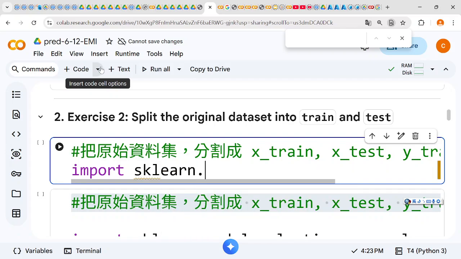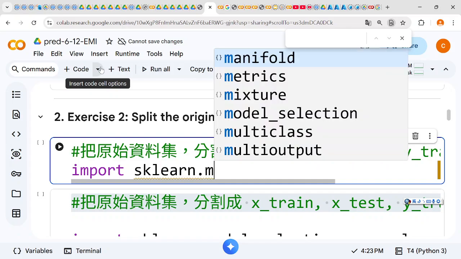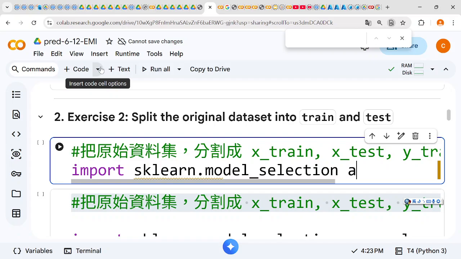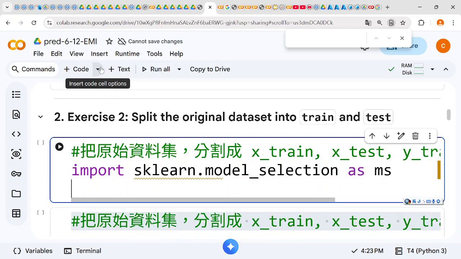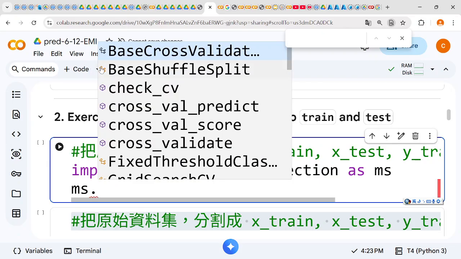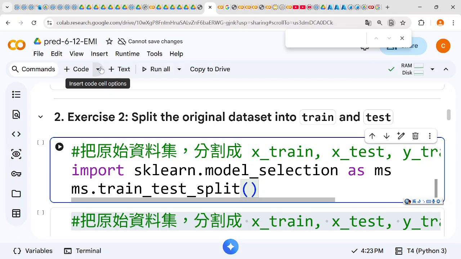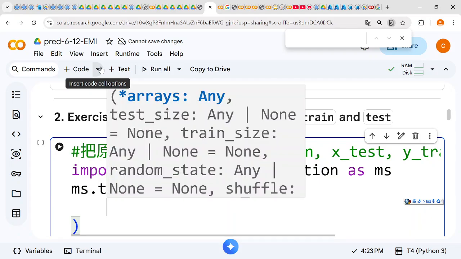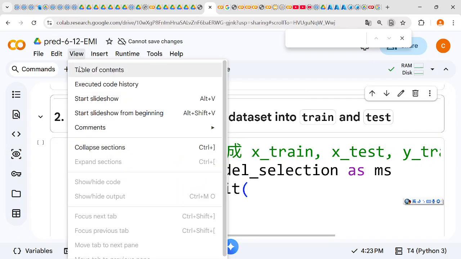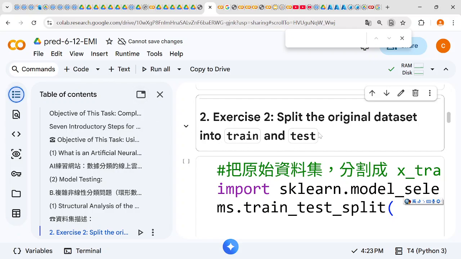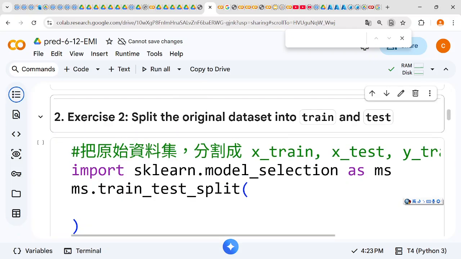I have model selection. I call this MS, and I use MS to do something. For example, I want to make the train test split. Inside this, I should find my DF. Here is my DF.